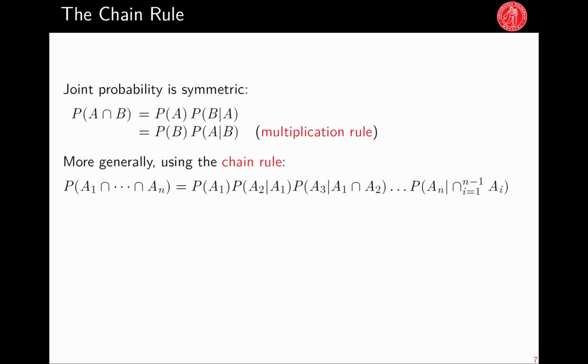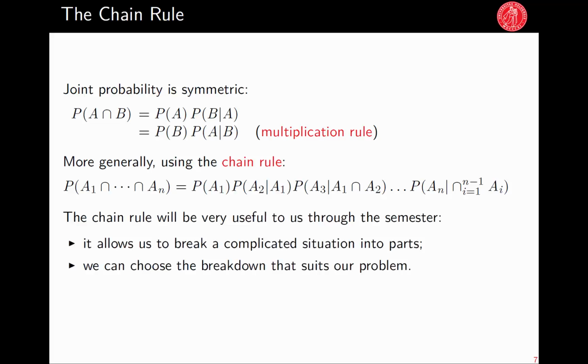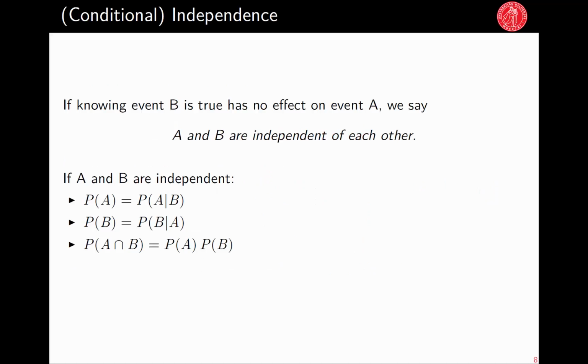That's the chain rule, a recipe for computation that we'll apply frequently. It's going to be useful through the semester because we can break down a seemingly complicated situation, the joint probability of A1 to AN, into smaller situations, and we will have some flexibility in choosing the breakdown.